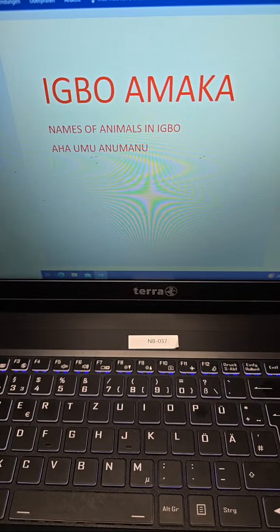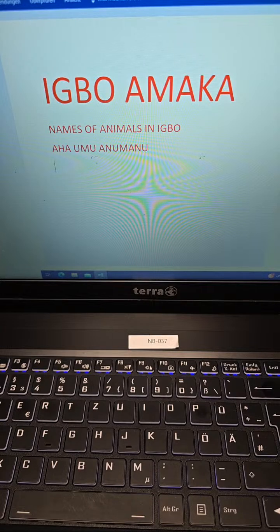Animals is known as anụmanụ in Igbo language. Names of animals in Igbo language, aha ụmụ anụmanụ. Then we are going to make it so snappy.